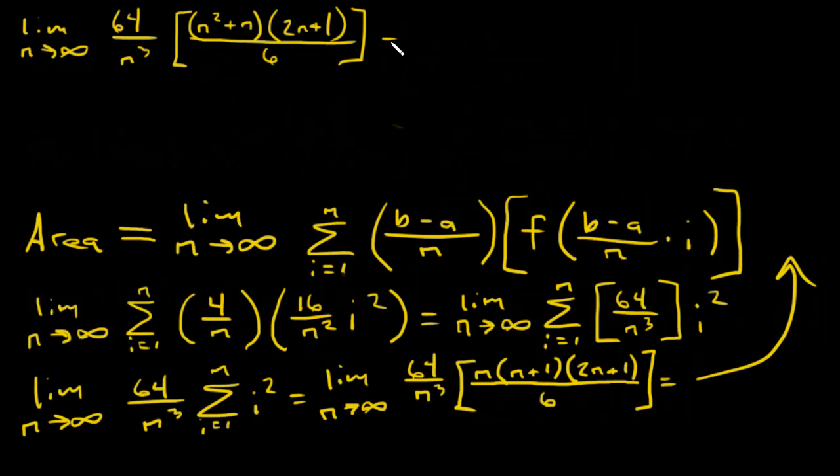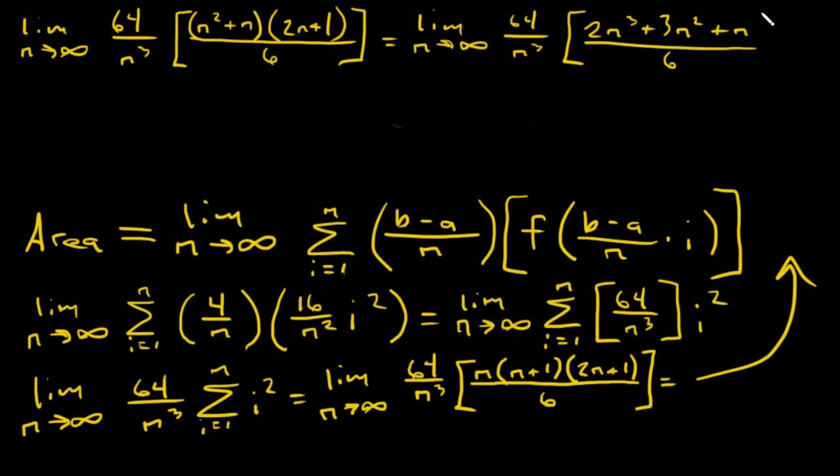Okay, so this is the limit as n goes to infinity of 64 over n cubed times, here we go, n squared times 2n is 2n cubed. n squared times 1 is n squared, plus 2n squared is plus 3n squared, plus n, all of that over 6.